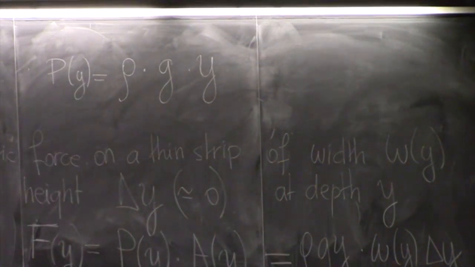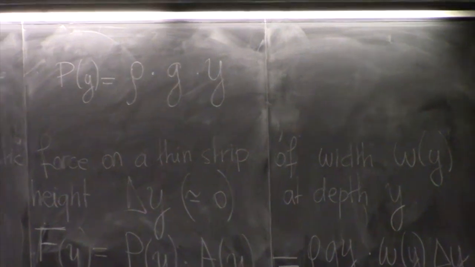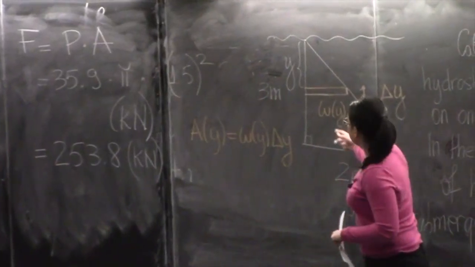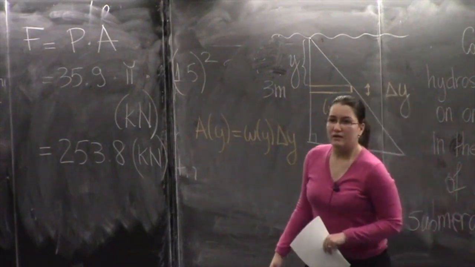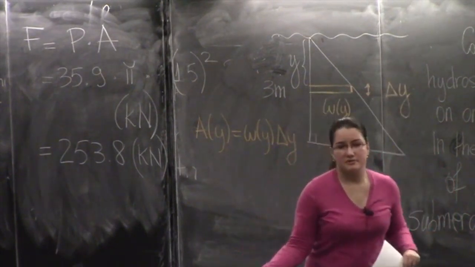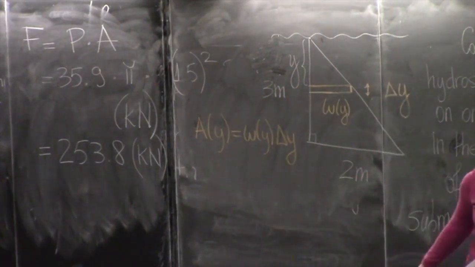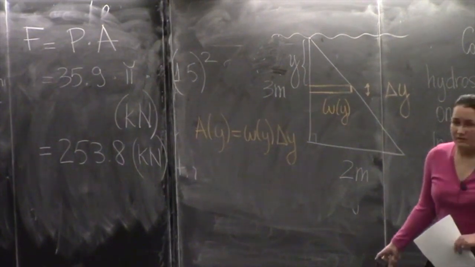Because you see that over here we've got thinner rectangles, and as we go to the bottom, our rectangles are going to increase in width. So the only thing that requires some computation is the width W of y, and there is a technique which is kind of standard for doing so, that of similar triangles.